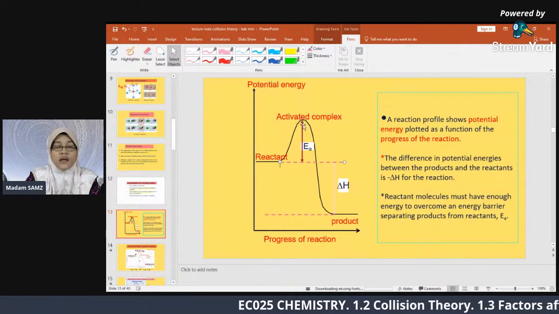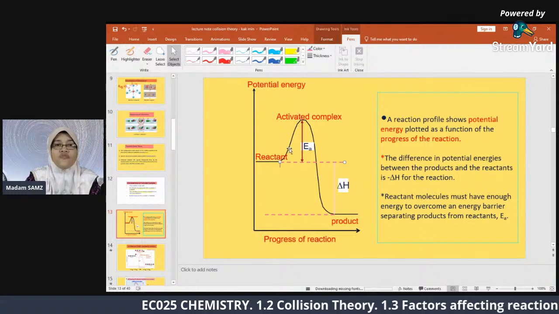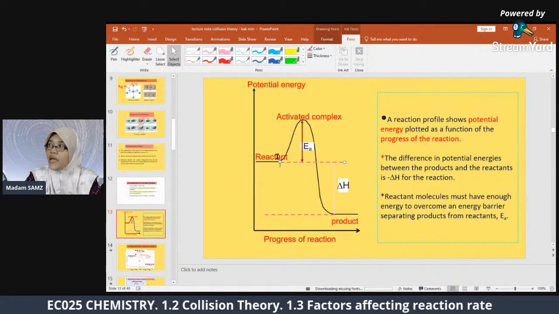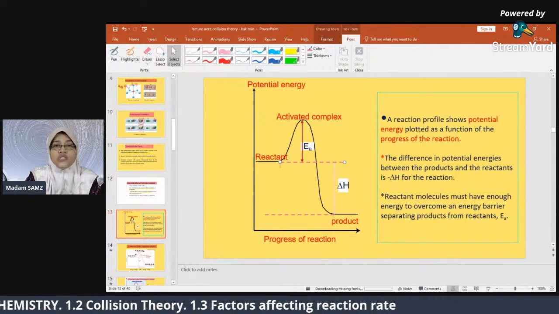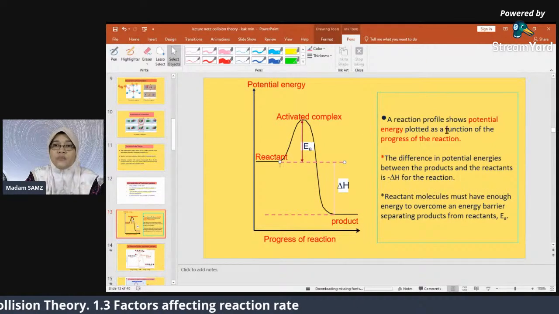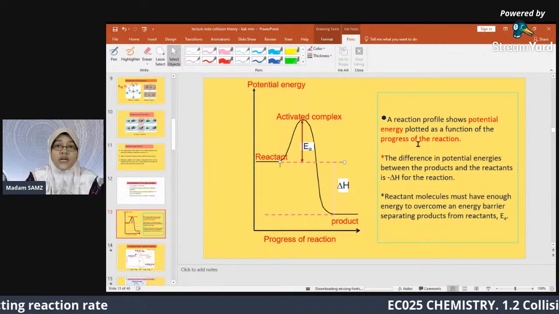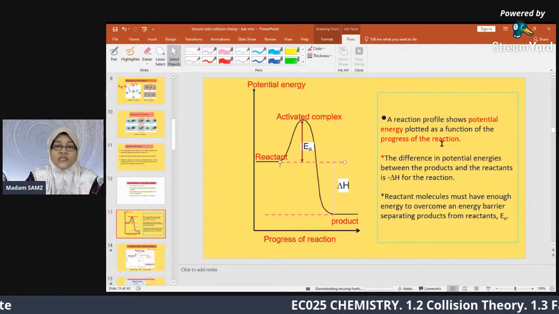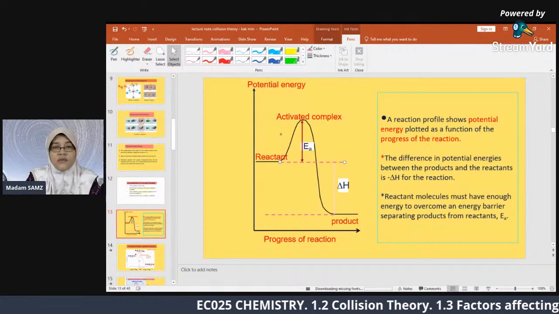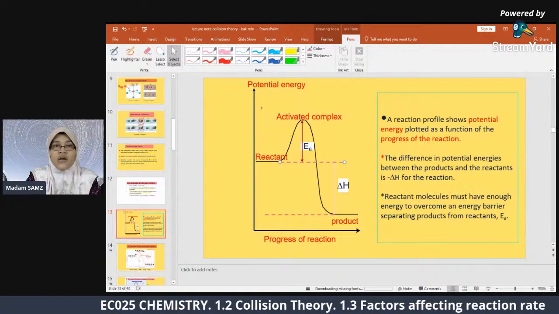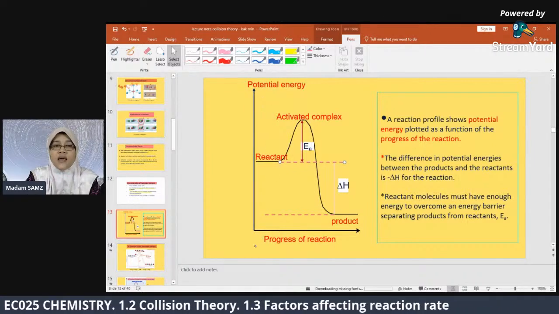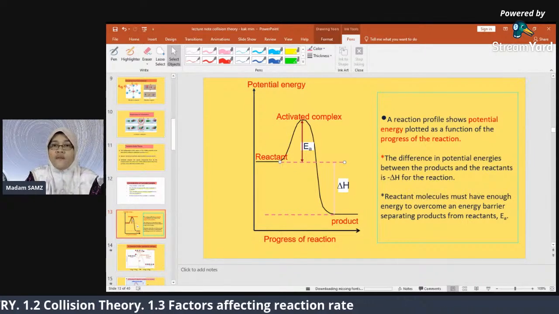If not, with incorrect orientation, it will reform back to reactant. And again, this process will continue. So a reaction profile shows potential energy plotted as a function of the progress of the reaction.